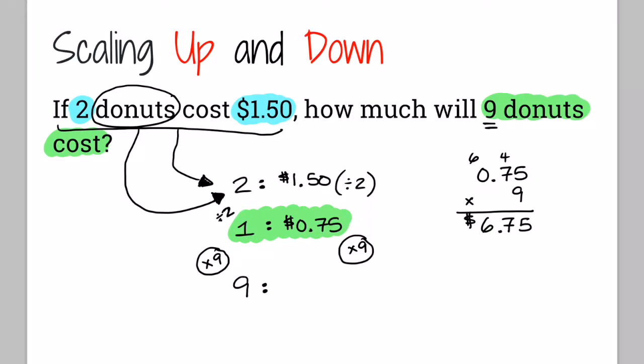I know that 9 donuts would cost me $6.75. This was an opportunity for me to apply several layers from the first two learning targets, scaling up and down. In scaling down, I had to find that unit cost, but then I scaled back up. So, a two-step problem in order to solve the problem.